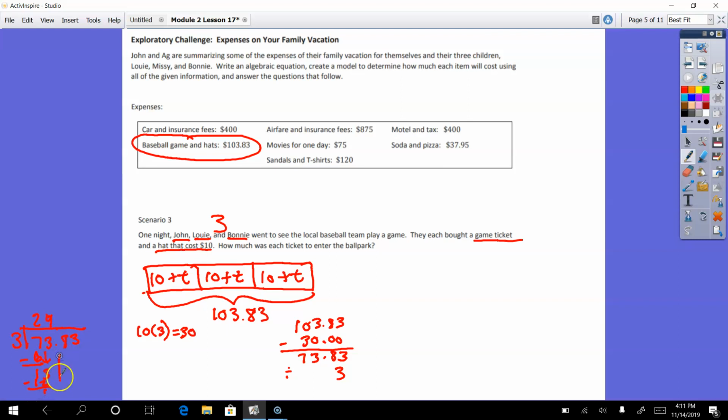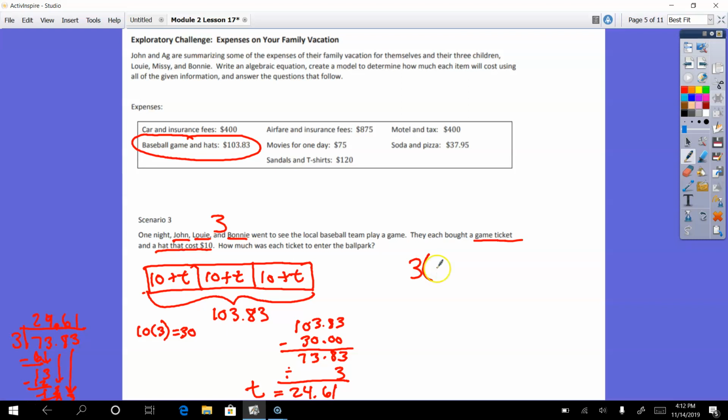Should have done this up higher. 18. Should have brought my decimal up to start with. 3 will go into 18. 6 times 3 is 18. Subtract 0, bring down my 3. 3 will go into 3 once. So that gives me $24.61 for a ticket.